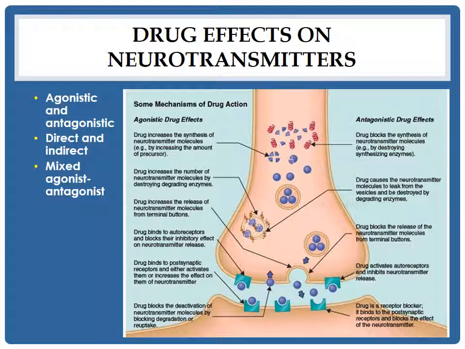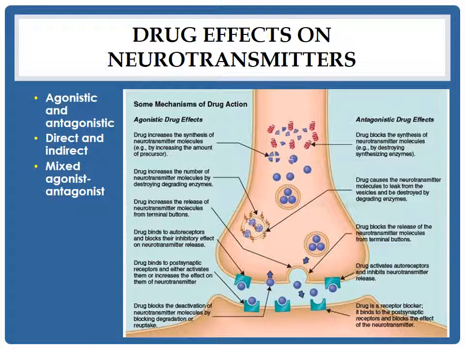That's a direct agonist. A partial agonist binds the receptor and only activates it weakly. Then a mixed agonist is an antagonist for one receptor type but an agonist for another type. That's mixed agonist-antagonist drug.